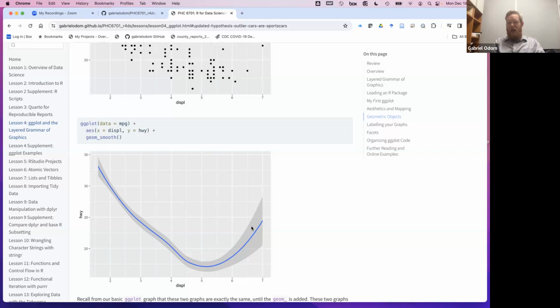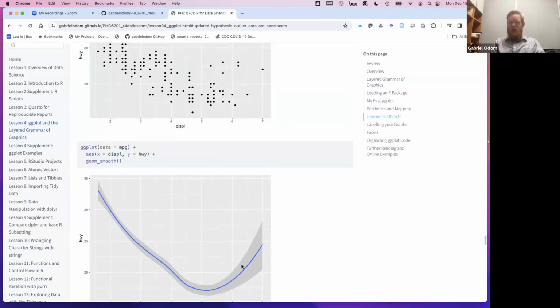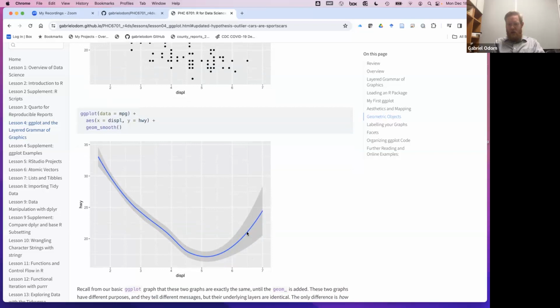But again, these outliers are really doing a number on our graph, because all of a sudden these 6 cars over here, they are starting to bend this entire relationship to say, hey, you know what? Maybe as the engine gets bigger up to a certain point, it's bad for the fuel economy, but then after that point, it starts to get good for the fuel economy again.